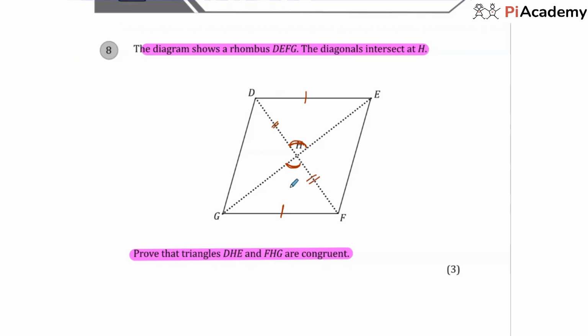H is common to both, because the diagonals bisect each other. So therefore, it's side angle side, SAS. Or all three sides are equal.